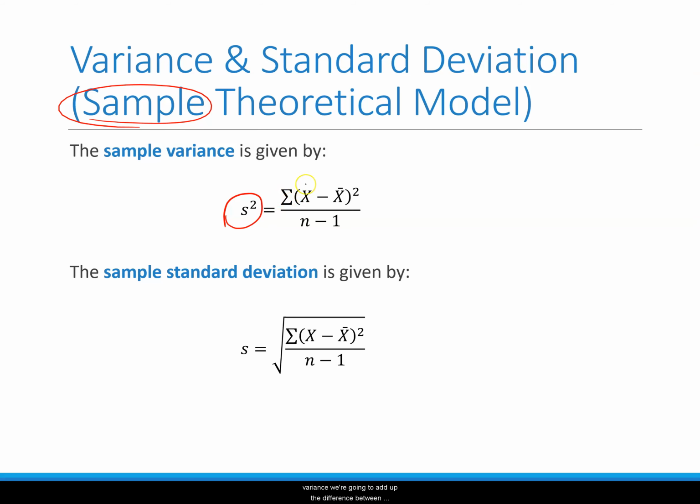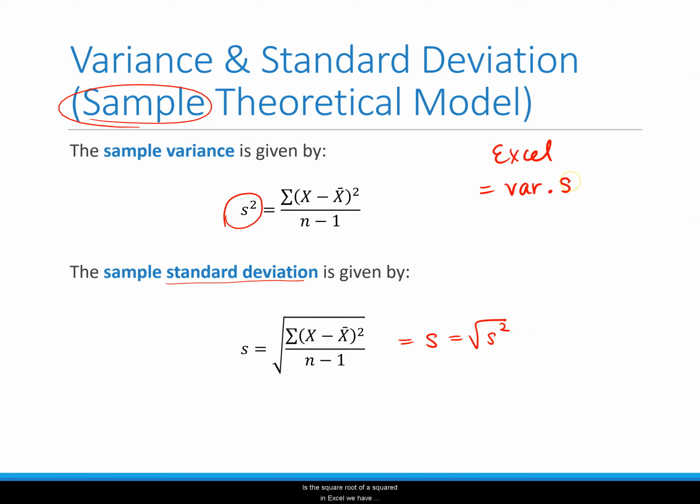We're going to add up the difference between every data value and the mean squared. And once we add those up, we divide by n minus 1. To get the sample standard deviation, we just take the square root. So S is the square root of S squared.